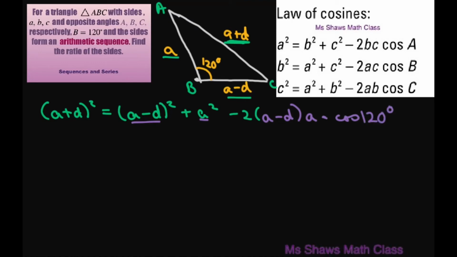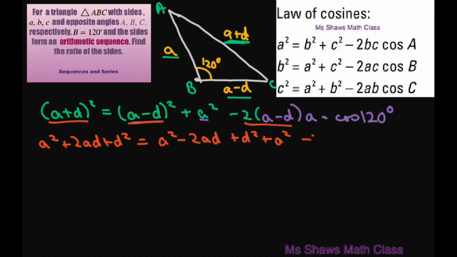All right, so let's fix this up a little bit. This is going to be a squared plus 2ad plus d squared equals, this part here is going to be a squared minus 2ad plus d squared. And then we still have our a squared here. I'm going to go ahead and just copy this, minus 2 times a minus d times a times 1/2. All right.